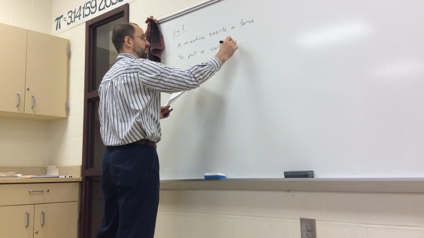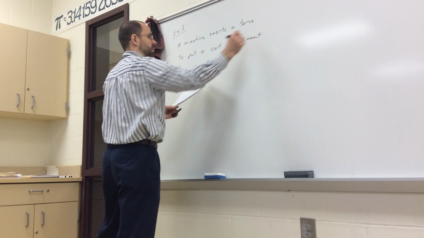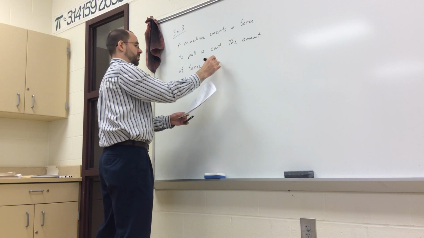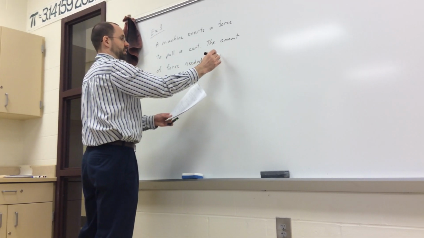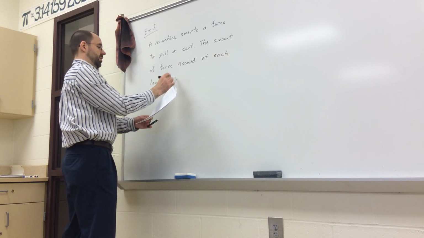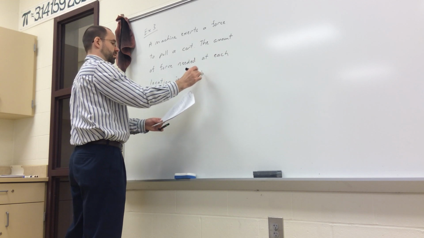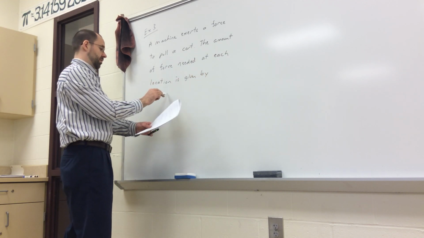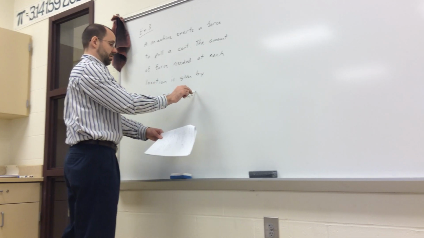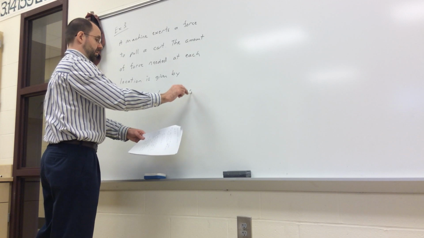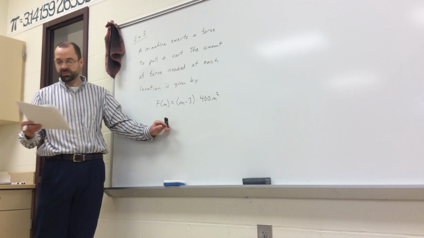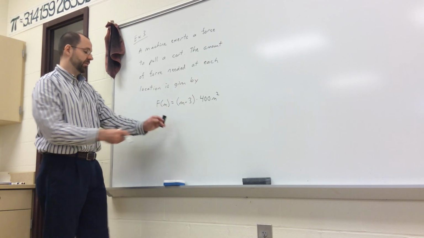The amount of force needed at each location is given by F(m) = (m - 3) times 400m squared.